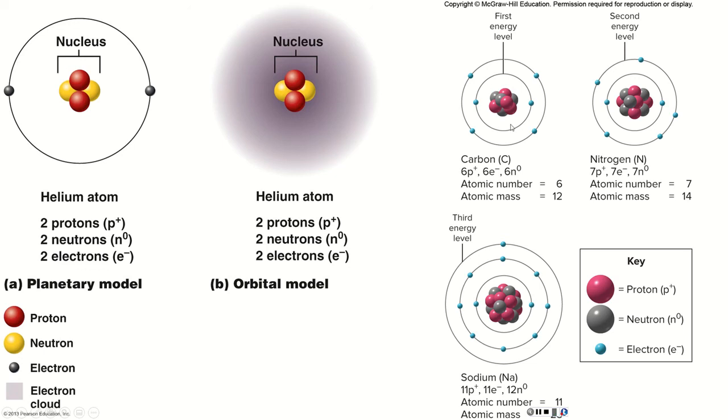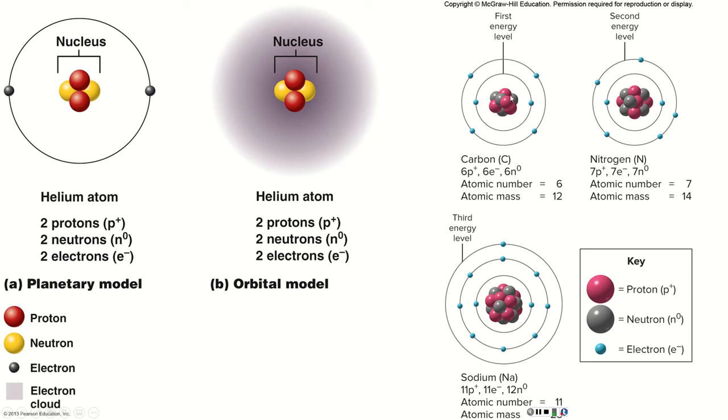Here is carbon, which is a little to the left and down from helium. The further we go to the right, or the further we go down the periodic table, we're getting bigger. We're adding things to the atom. So carbon has a little bit more going on than helium.